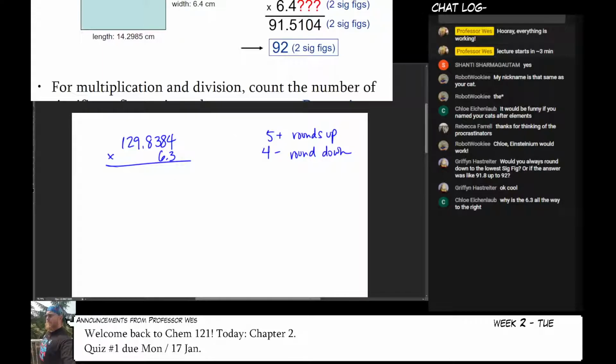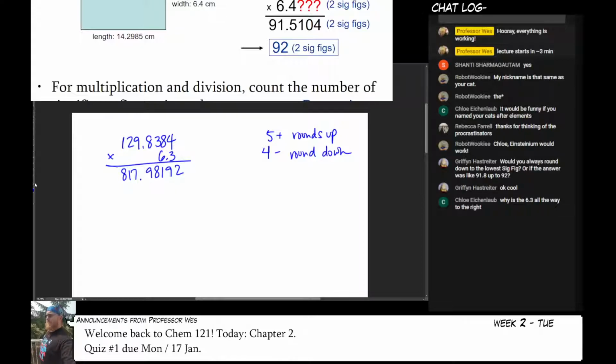Because I'm just multiplying. If we're adding, I'd have to line up the decimal points. I only did that in the last example because I wanted to have those question marks in there to show that they have some impact on your result. So when I do this on the calculator, I get 817.98192.